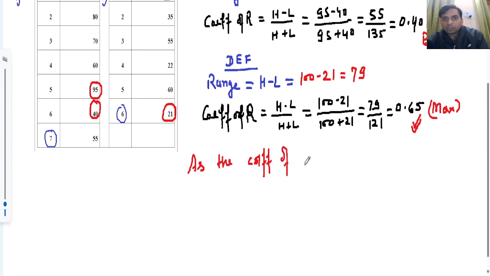Coefficient of range for ABC company, ABC Limited, is lesser than DEF company.